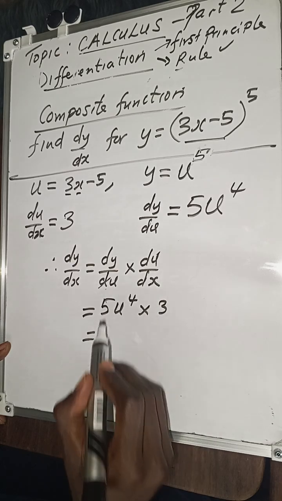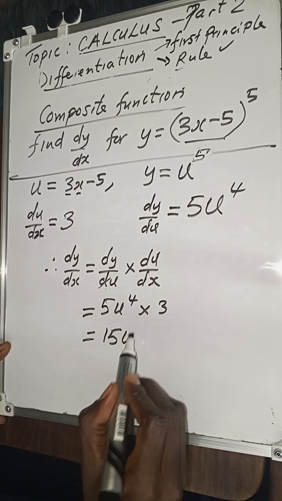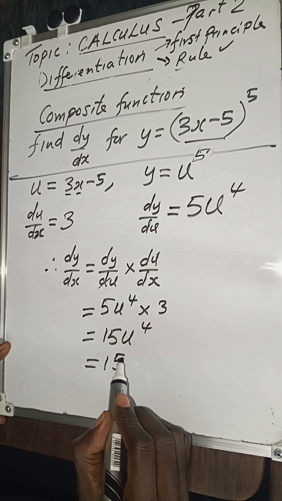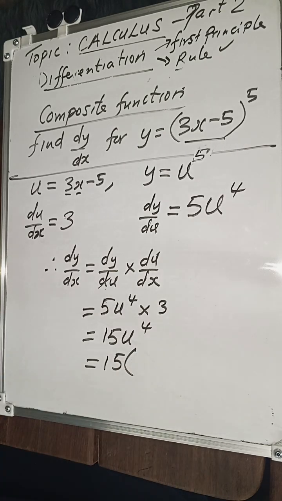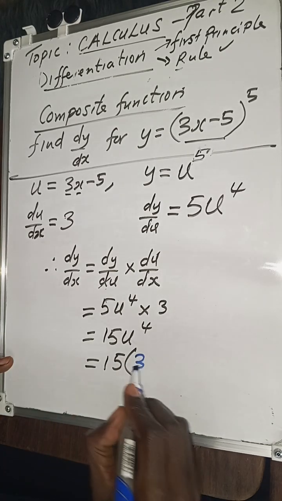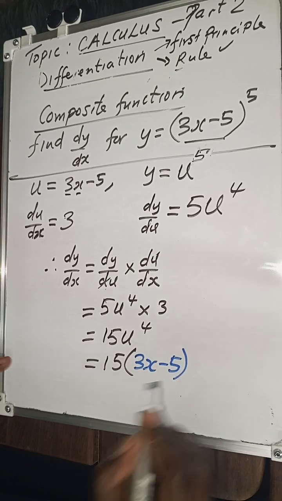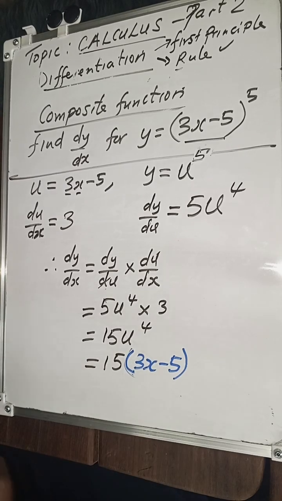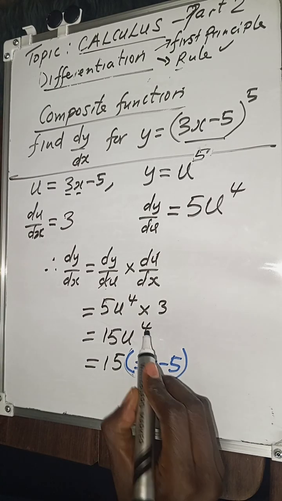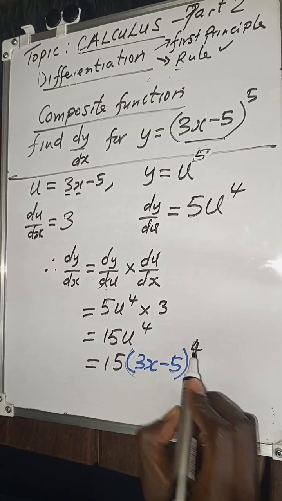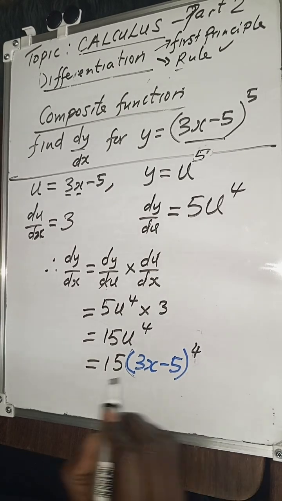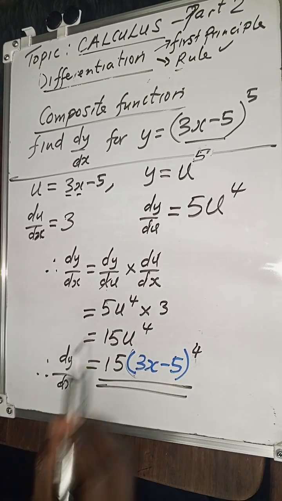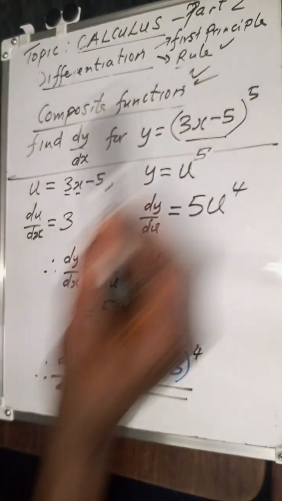So it is 3 times 5, which will give you 15u to the power 4. You can now replace back your u. My u is representing 3x minus 5, so this whole thing is going to be raised to the power 4. So that is our dy over dx using what we call composite function.